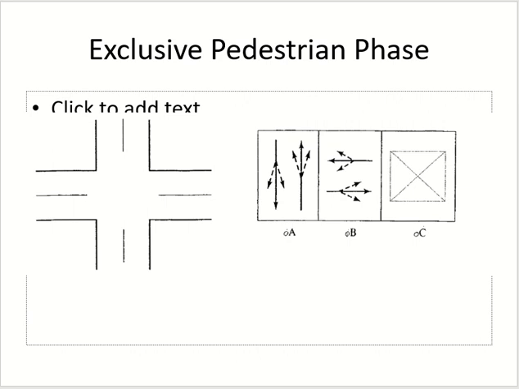You should look at the third phase. They don't have the ring diagram. Look at the third phase, Phase C. Does it have any movement? No. So this is an exclusive pedestrian phase. It's only for pedestrians. Everybody has red right now. Only pedestrians can cross.